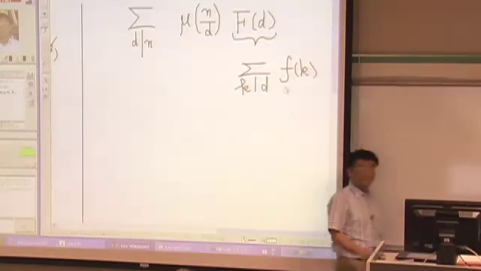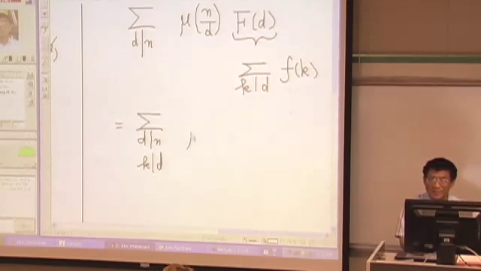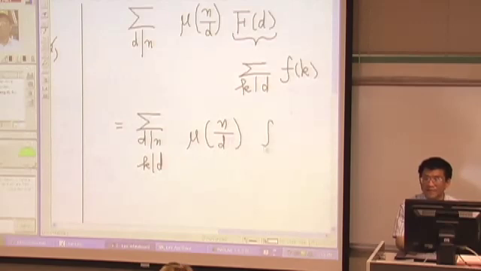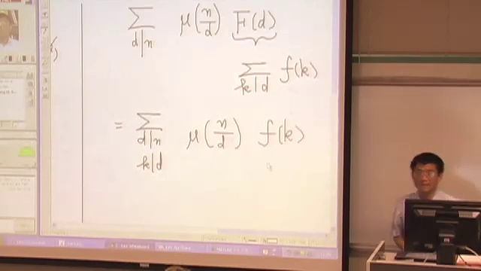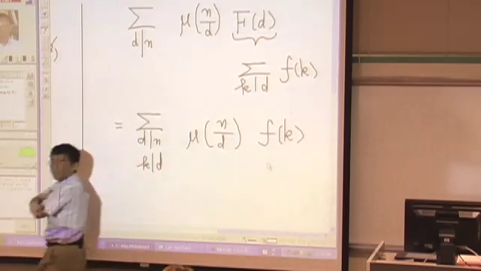Then, as you can see, we can write the sum this way. D divides n, and then k divides d, and then mu of n over d, and then f of k. All written in one big sum, right? One big sum.